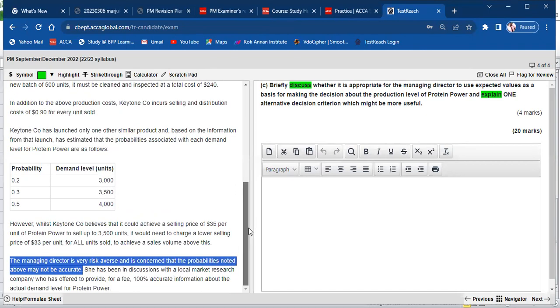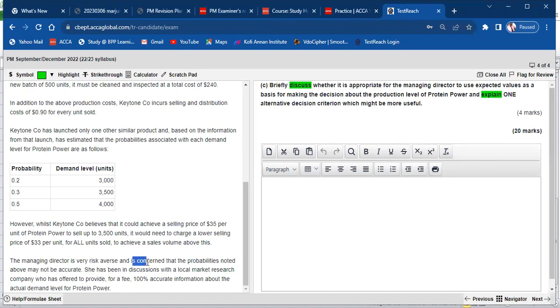However, the MD is concerned about the probabilities noted above. So the doubt over the probabilities means that although expected values can be used, it should be used with care. Because if the probabilities are incorrect, then any decisions taken based on them will also be incorrect decisions.